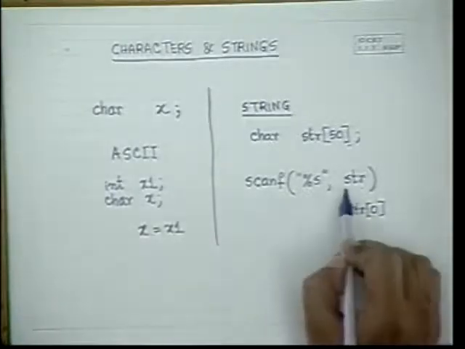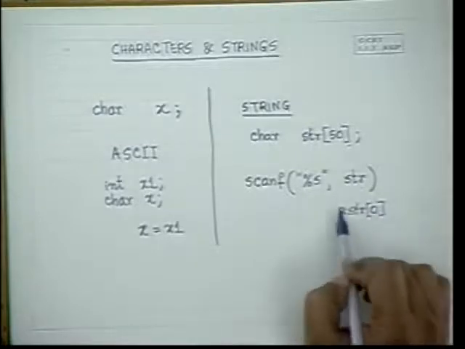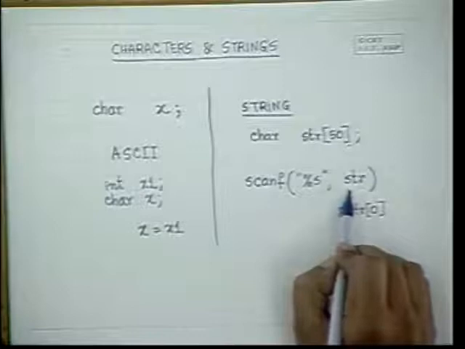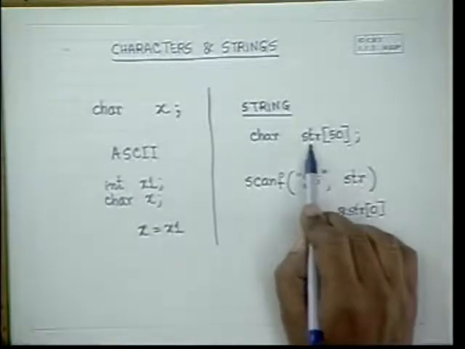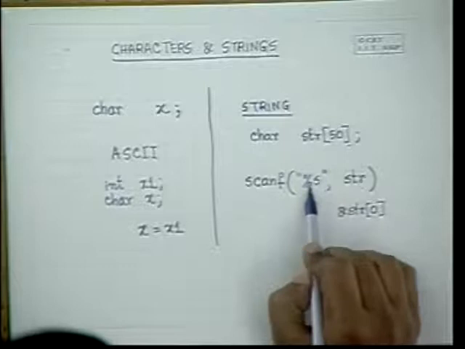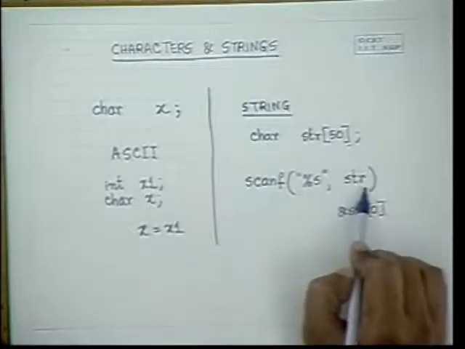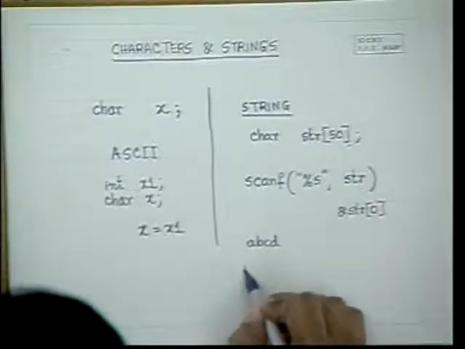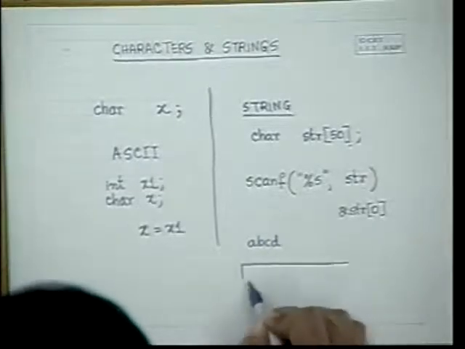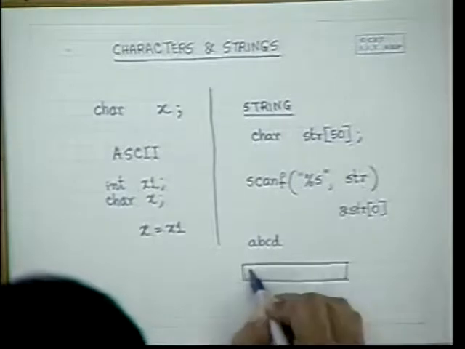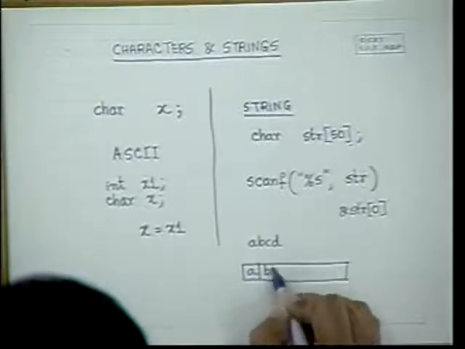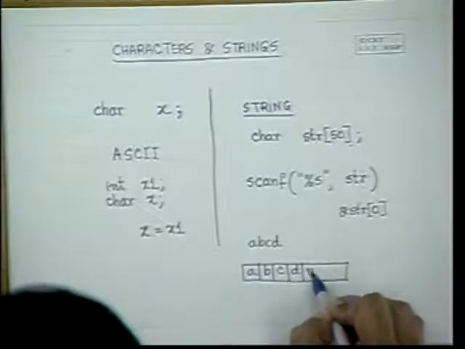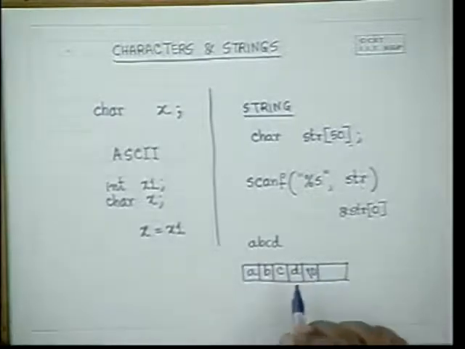We'll see array indices and addresses later. So you have to give the starting address of the string, which is equivalent to giving the name of the string. And once you give the name of the string, automatically the string will be read. And if you write A, B, C, D, then it will store it in the array like this: A, B, C, D, and it will end it with a special symbol which is called \0.